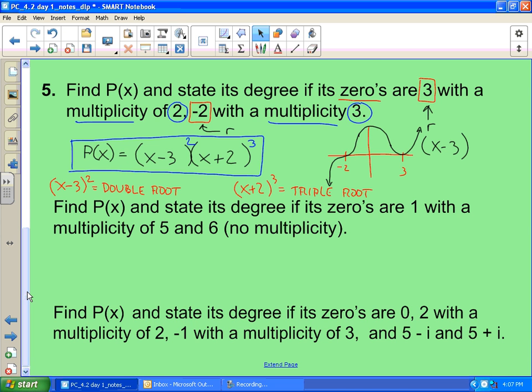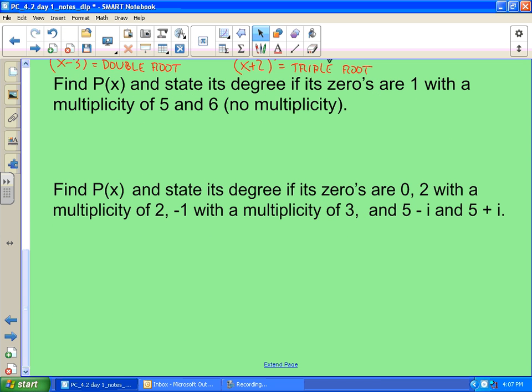All right, let's try these next two. Again, we'll highlight our zeros. Our zeros are 1 and 6. And our multiplicities are 5 and then no multiplicity for 6. All right, so we start with our factors.